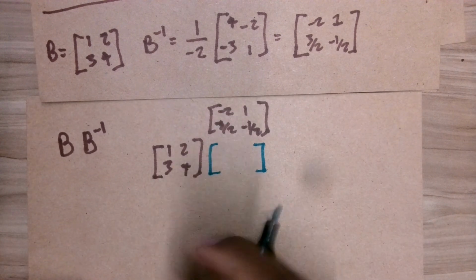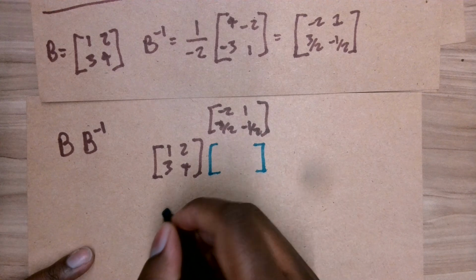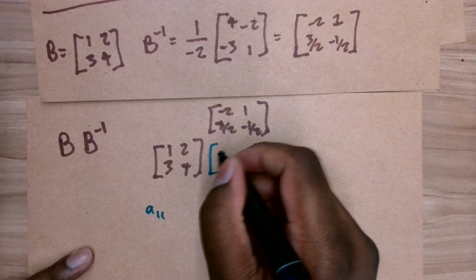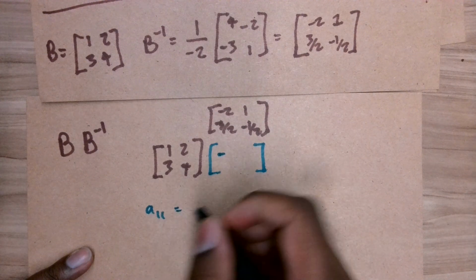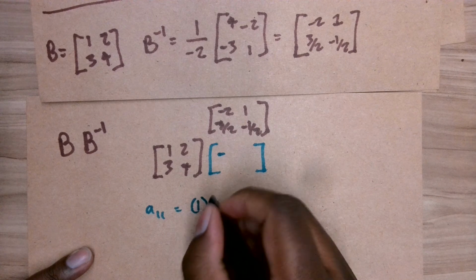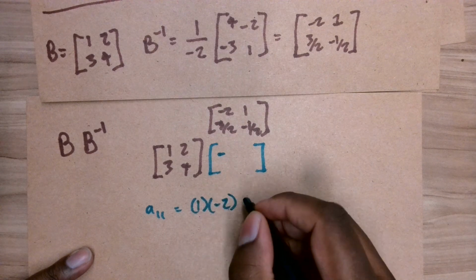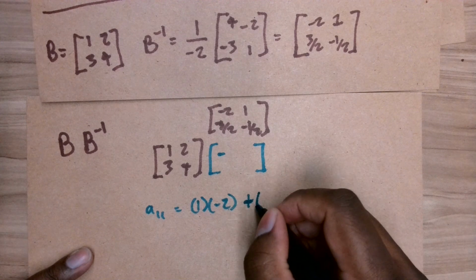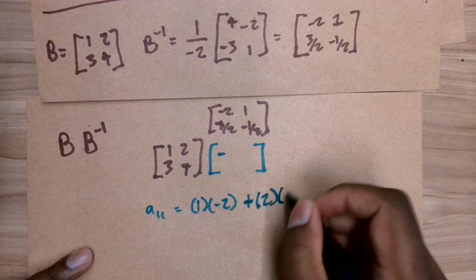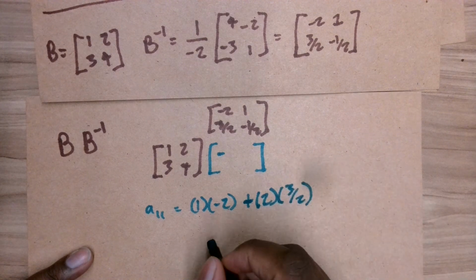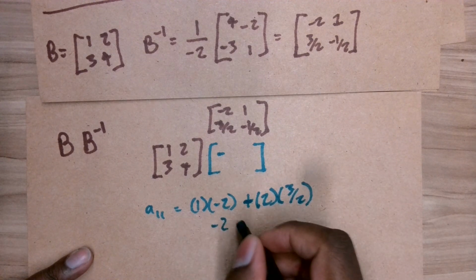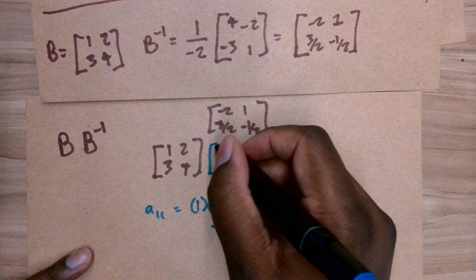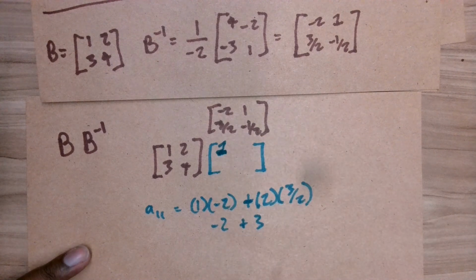For this first slot, we have 1 times -2, plus 2 times 3/2. This gives us -2 plus 3, because the 2's cancel, so the first one is +1.